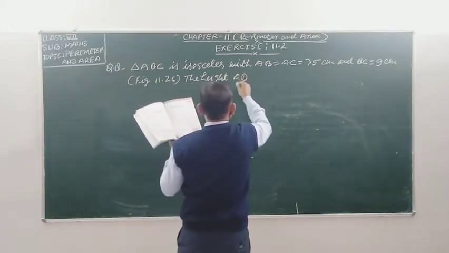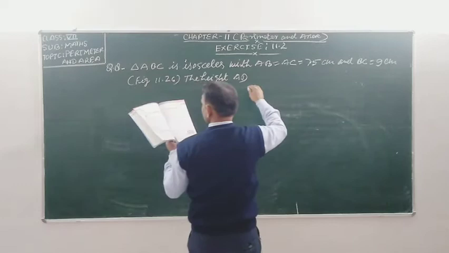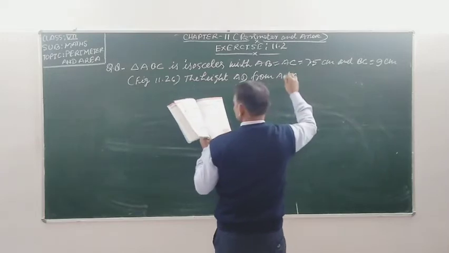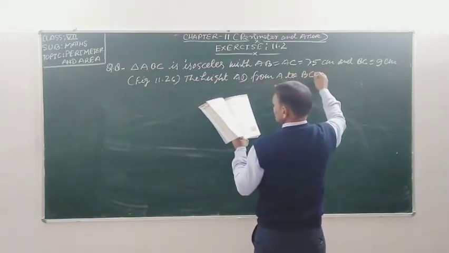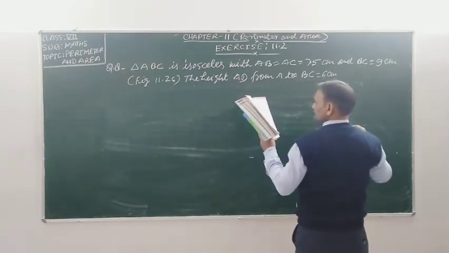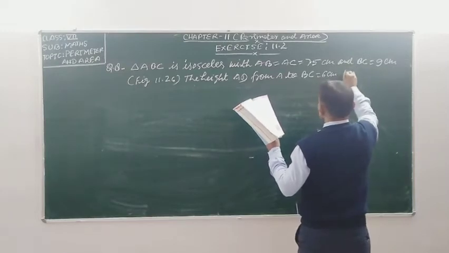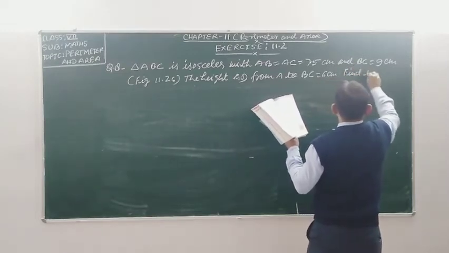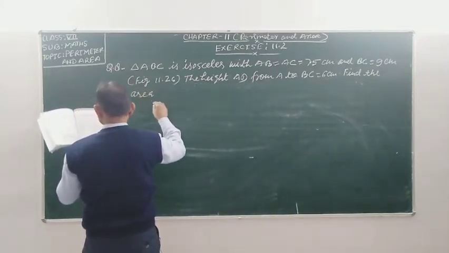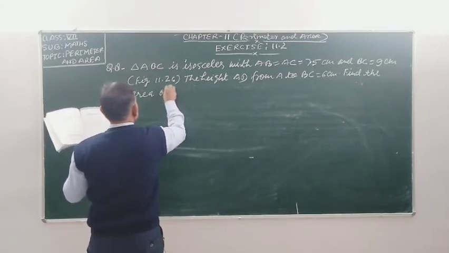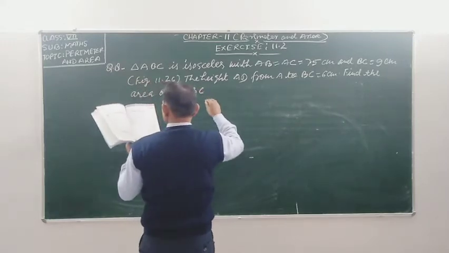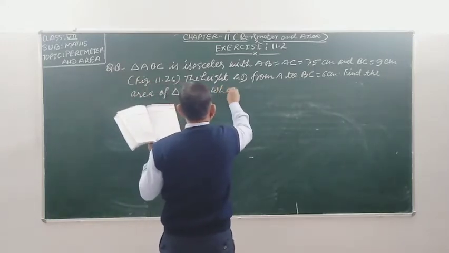The height AD from A to BC is equal to 6 centimeter. Find the area of triangle ABC.